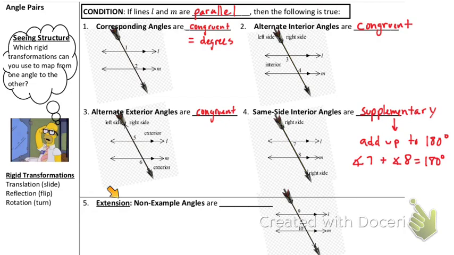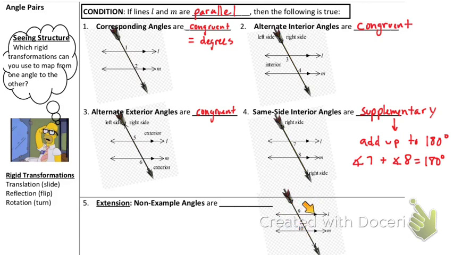This diagram is an extension diagram. These types of angles, angle 9 and 10, if you notice, one is on the outside, one is on the inside, and they're both alternating. These types of angles have no relationship.